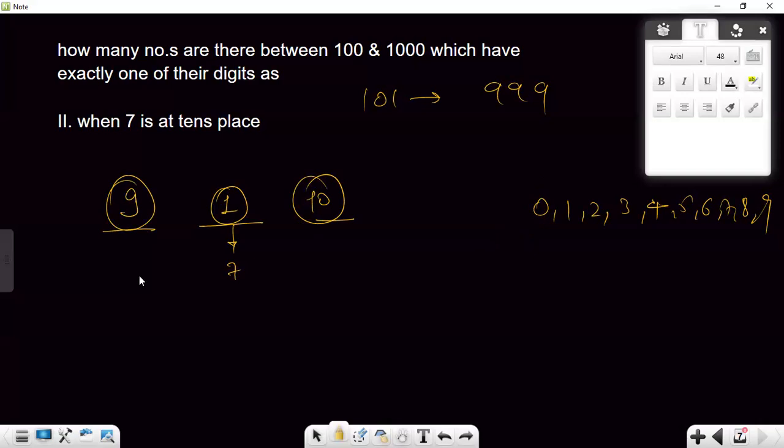If we consider 0 on the 100th place, it will make our number a 2-digit number, but the condition is that the number should be between 100 and 1000, and we have analyzed that we are talking only about 3-digit numbers except 100. So 9 into 1 into 10 becomes 90. There are 90 such numbers between 100 and 1000 having 7 at the 10th place. Is that clear, everyone?